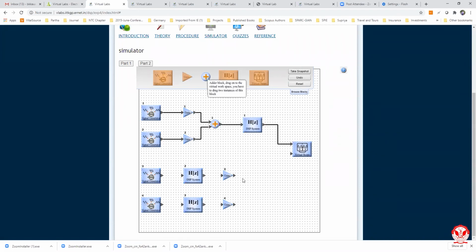So after this we add both the signals. So now we are interconnecting all these blocks like this. We are connecting the DSP block and the gain like this. Again we are connecting this gain to the addition.